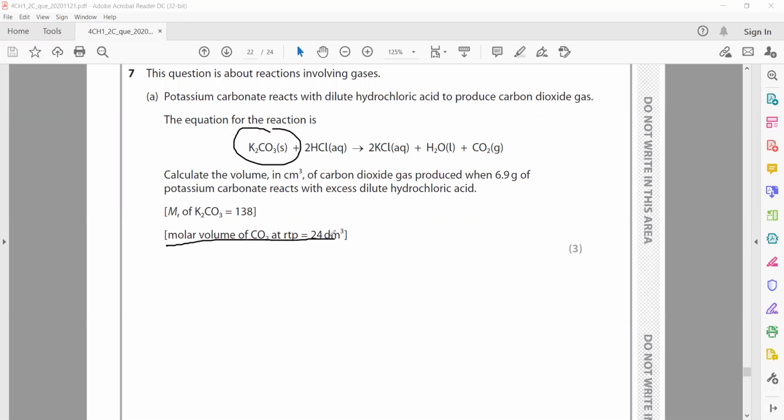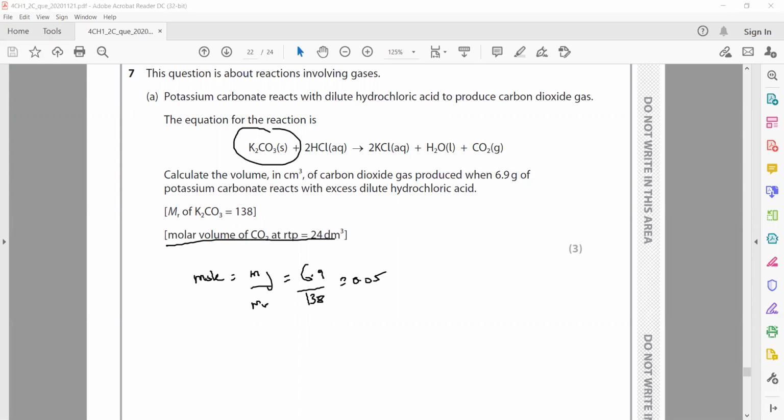As we know, moles equal mass in gram divided by molar mass. The mass is given as 6.9 and the molar mass of potassium carbonate is 138. So we get 0.05 moles.